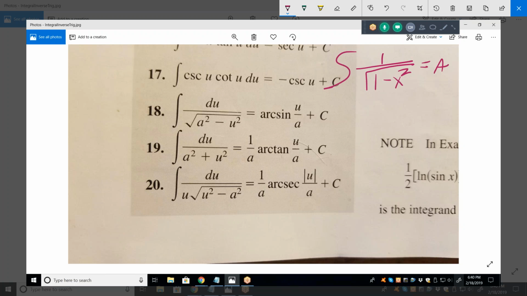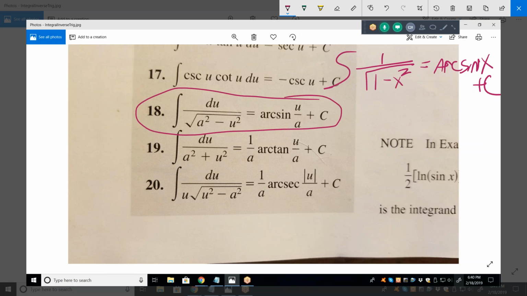That's just arc sine of x plus c. The difficulty is when they make it a little more complicated, like they put a 9 instead of a 1 in there, and they put a number in the numerator. Well, these handle all of those situations where the numerator isn't 1, it's u.